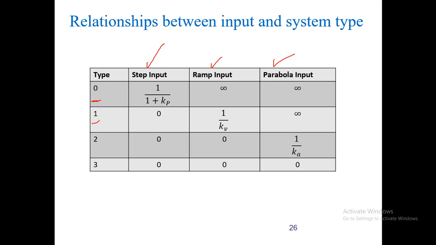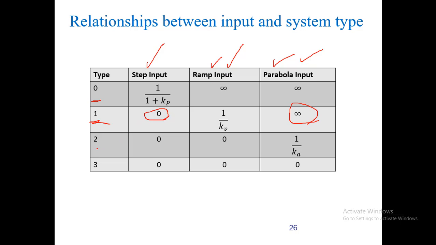For a type 1 system, you have to check your values on the ramp input to find the accurate value of the steady state error, because if you apply a parabolic input to a type 1 system, you will get infinity steady state error, and if you apply the step input, you will receive only 0 error. So you won't be able to find the accurate error. For that you have to apply the ramp input.